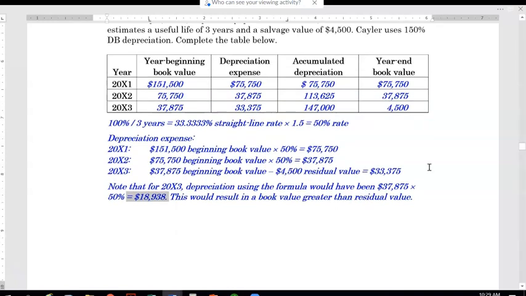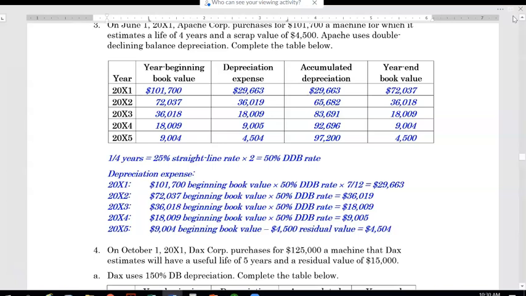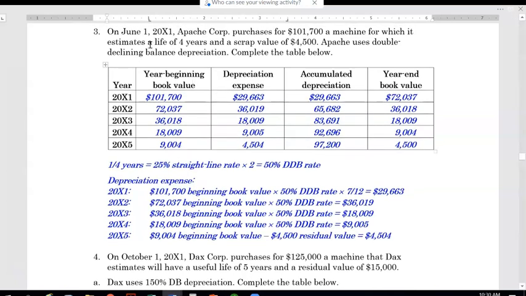Okay, let's do number three. In June of 2021, company purchased for 101,700 a machine which has an estimated life of 4 years, scrap value 4,500. Company used the double declining balance depreciation, complete the table below. So this is 4 years useful life.